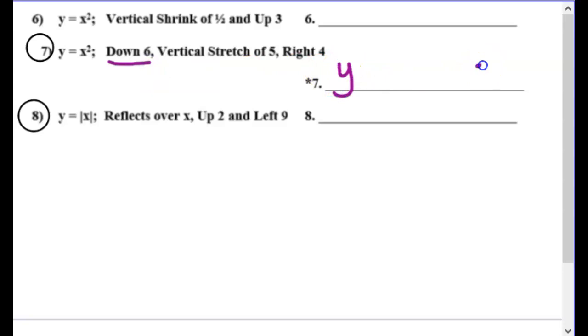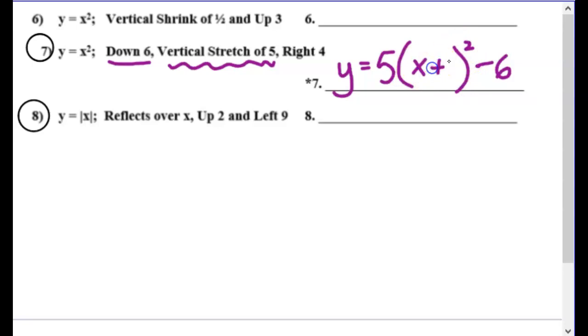On the back, we'd have a minus 6. A vertical stretch of 5 would be a 5 on the function here. And right 4 would be plus 4. No, minus 4. Let me fix myself.